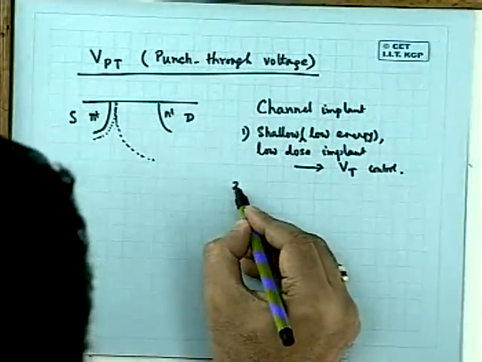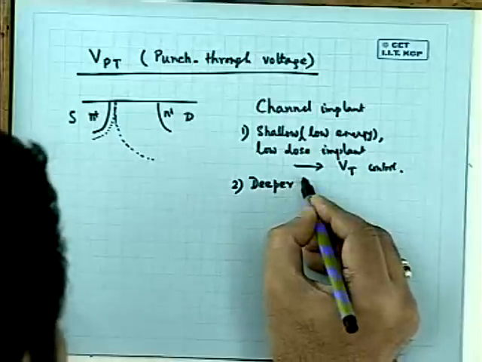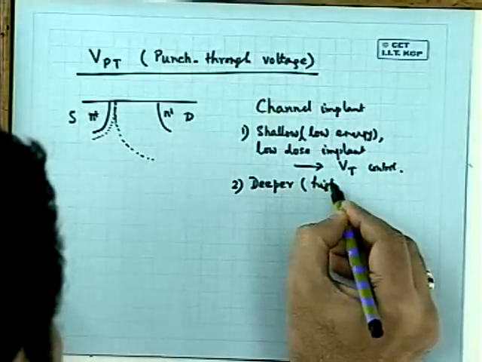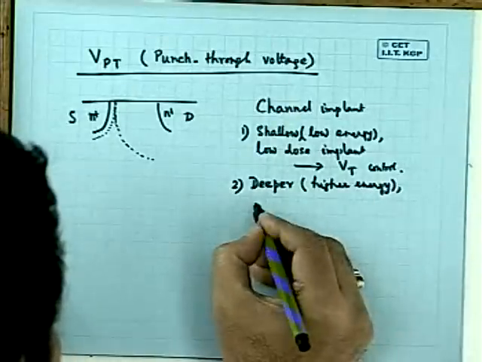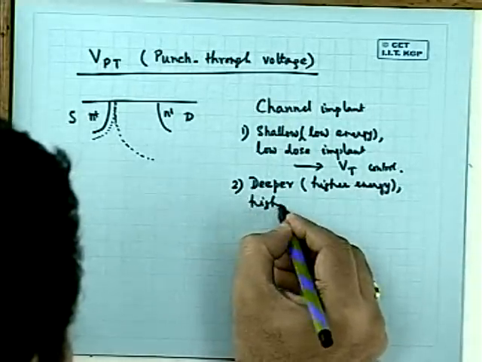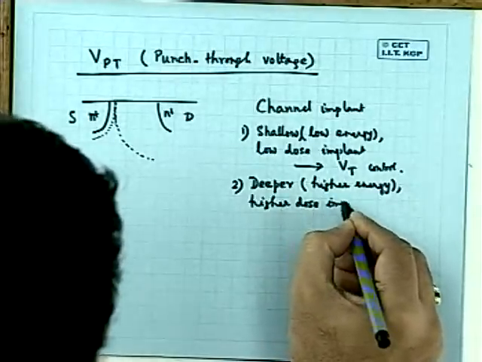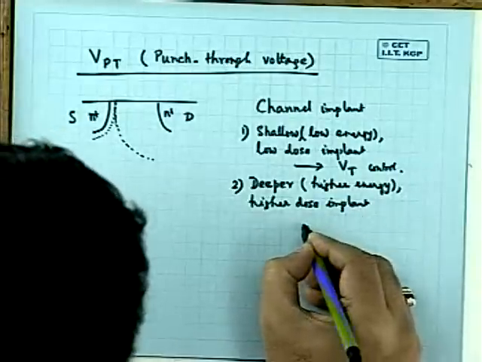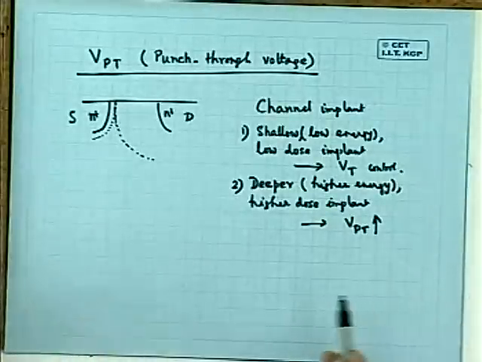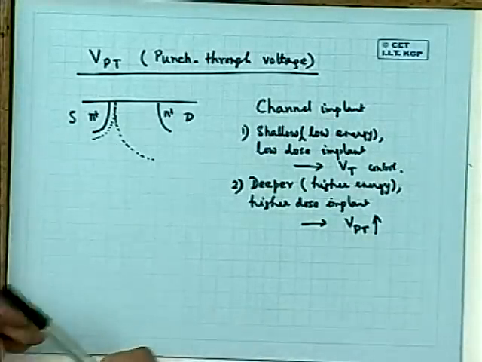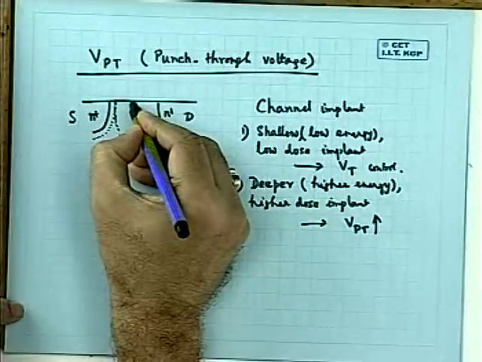It is followed by a deeper, higher energy, higher dose implant, and that is for VPT, for increasing the value of VPT, so that the resulting channel profile looks like this.